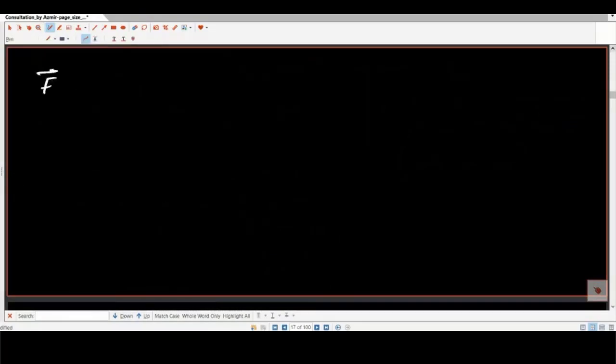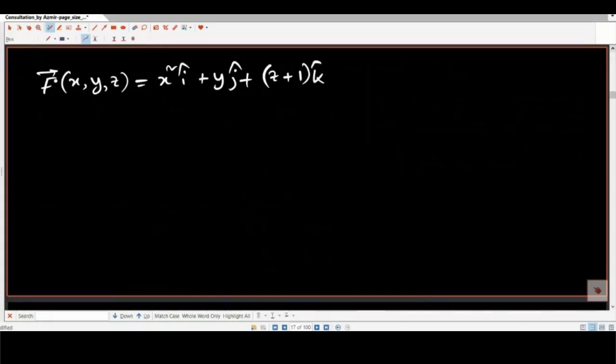Let's say we have a vector field of three variables x comma y comma z, that is equal to x squared i plus yj plus z plus 1 k. So this is a vector field of three variables. There are three inputs.